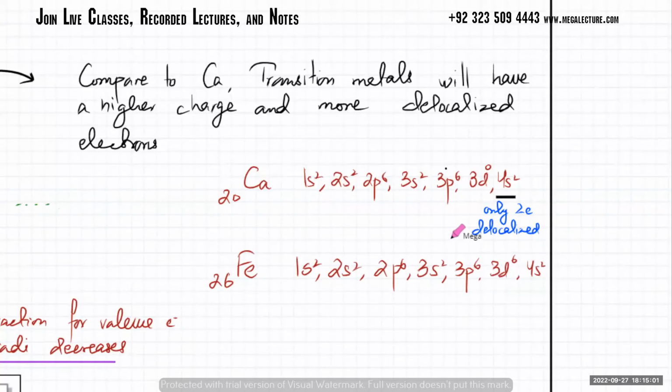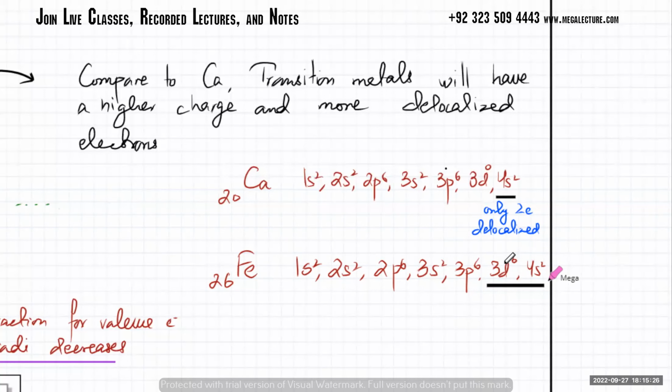Now what happens is that the 3d and the 4s subshell have very similar energy levels. So one of the reasons why iron has variable oxidation states is that you can remove electrons from the outer 4s, but the difference between energy levels in the 3d and 4s is really small. So you can also remove electrons from the 3d as well.